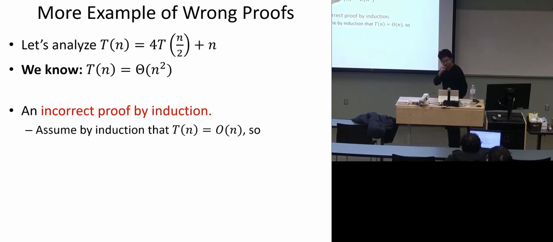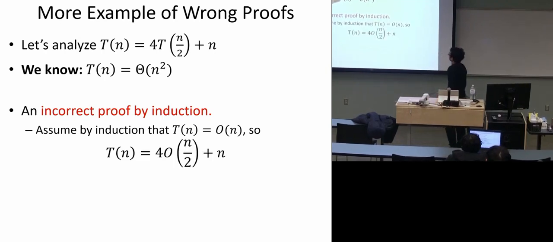But let's try to prove that T of n actually is O of n by induction. I can say that T of n is 4 times T of n over 2, so that's O of n over 2, and then plus n. But that's O of n, right? So now something must be wrong.